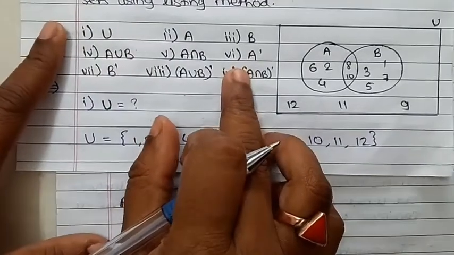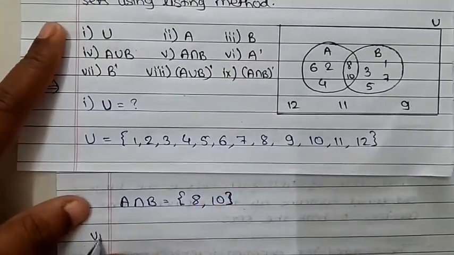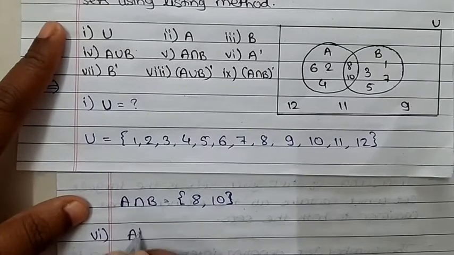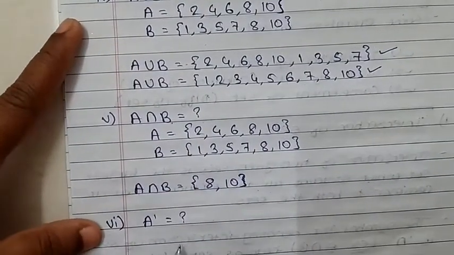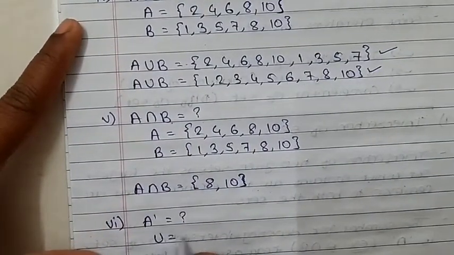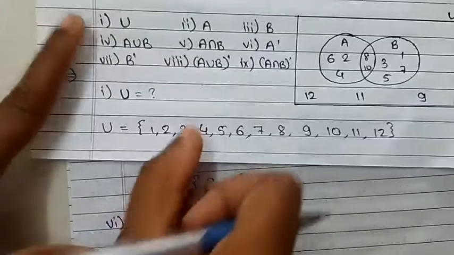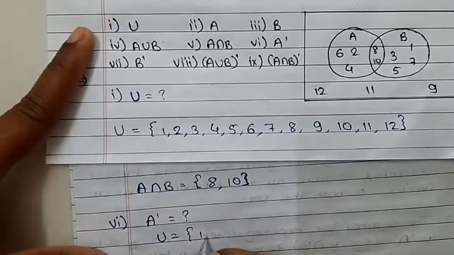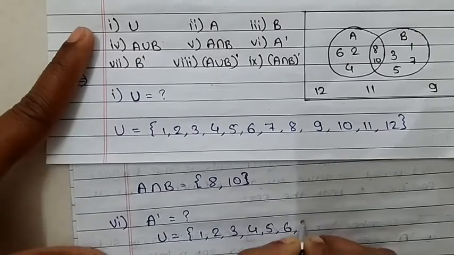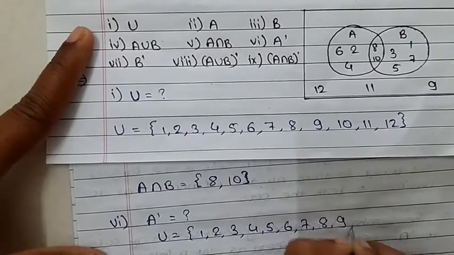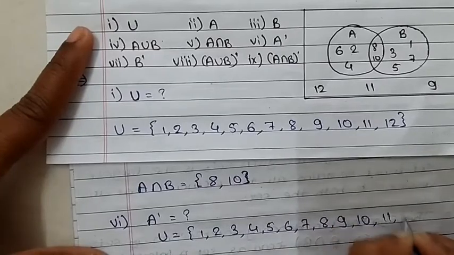Next, what is the sixth one? That is A's complement. Sixth one is what? A's complement. So when we calculate the complement, then which set do we require here? That is universal set. Universal set is what? This one. 1, 2, 3, 4, 5, 6, 7, 8, 9, 10, 11 and 12.